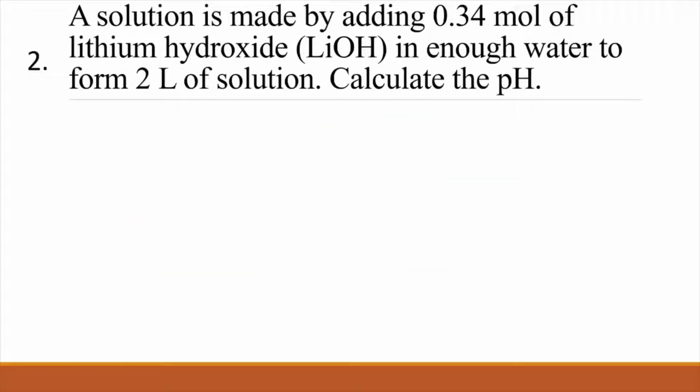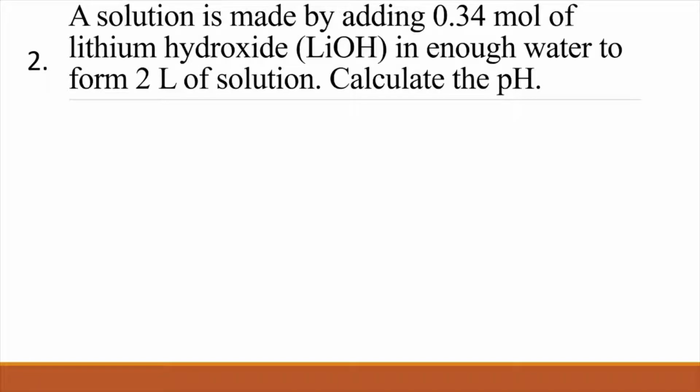Our next question, we're told a solution is made by adding 0.34 moles of lithium hydroxide in enough water to form 2 liters of solution, and we want to calculate the pH. So lithium hydroxide is a strong base. So this one is straight up figuring out our concentration of hydroxide, and then from there we can get our pH. So we're told we have 0.34 moles in 2 liters of solution.